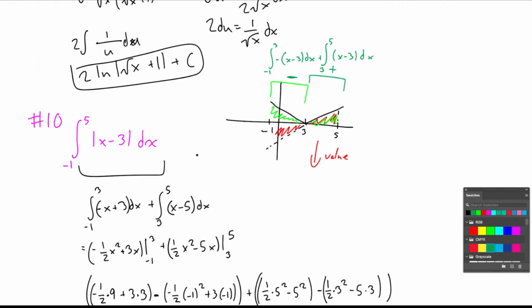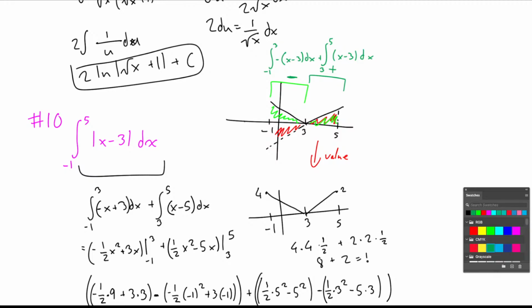Okay, wait, if we just calculate it like this, we get 2. And if we put in negative 1, negative 1 minus 3 is, okay, that's negative 4. That becomes 4 times 1/2 plus 2 times 2 times 1/2. That becomes 8 plus 2 equals 10.